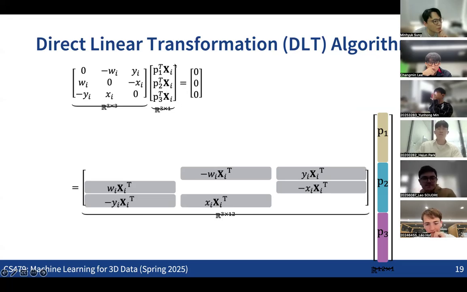So taking the dot product here first, and taking the multiplication between these two matrices, right? And now we can see that this is the multiplication of a 3 by 3 matrix and a 3 by 1 vector. What we want to do is make this multiplication a zero vector, right?